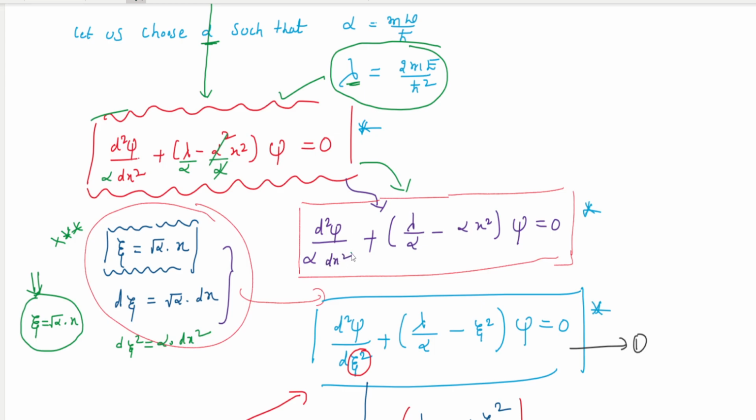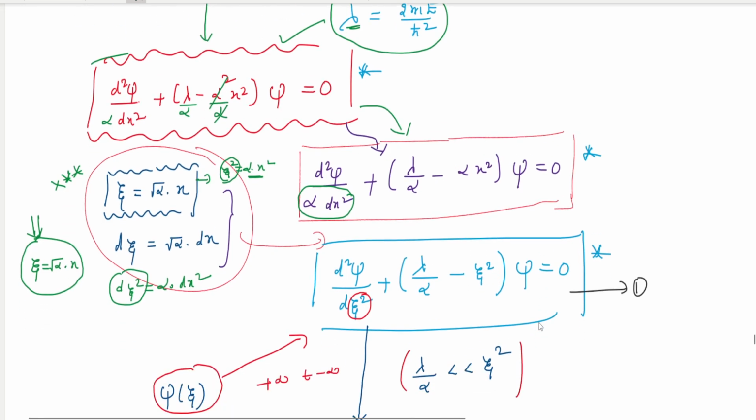So in place of alpha dx square, I can use d xi square, which is why I'm using here d square psi by d xi square, plus lambda divided by alpha minus, see here, alpha x square is there. Xi square equal to alpha into x square, which is why I'm using xi square. Okay, that is good.